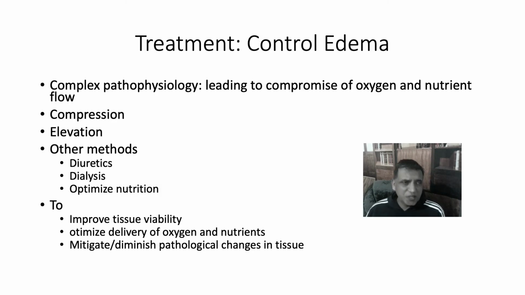So how do we treat patients? Well, if you look at the pathophysiology of chronic venous insufficiency, we know that even though the incipient event is an increase in hydrostatic pressure, eventually this leads to secondary biochemical changes, leading to an increase in chronic inflammatory mediators.